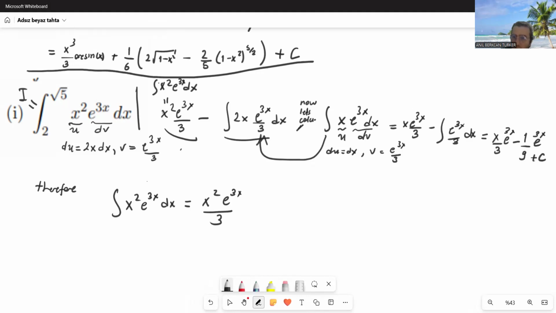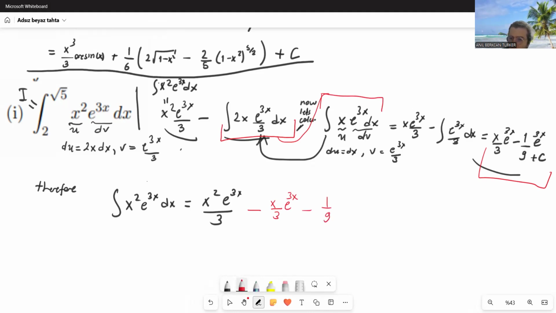Now this part means this integral, and it has this answer: minus this part x over 3 e to the power 3x minus 1 over 9 e to the power 3x plus some constant. Okay, this is my integral.